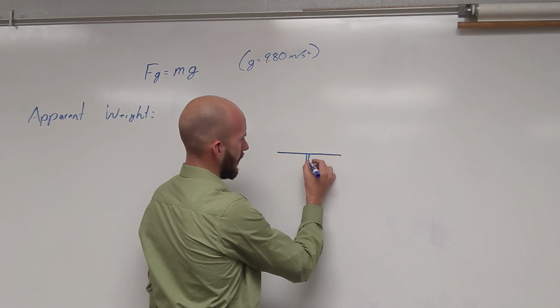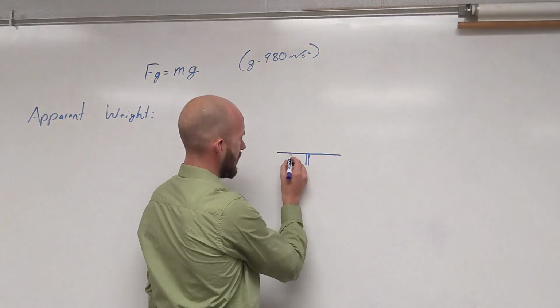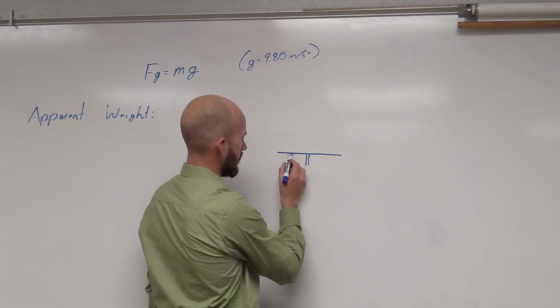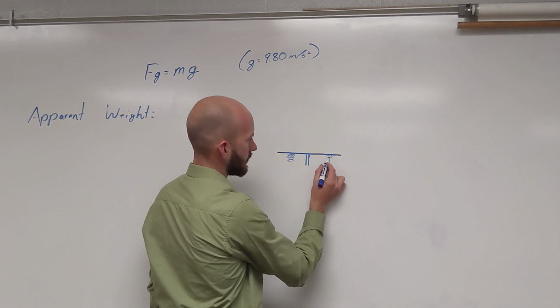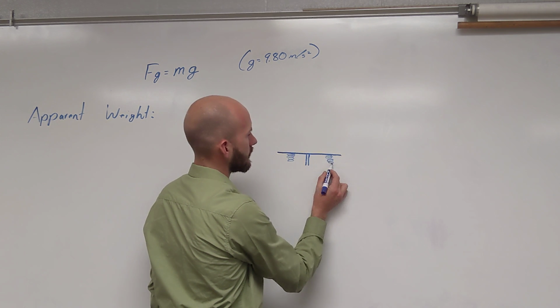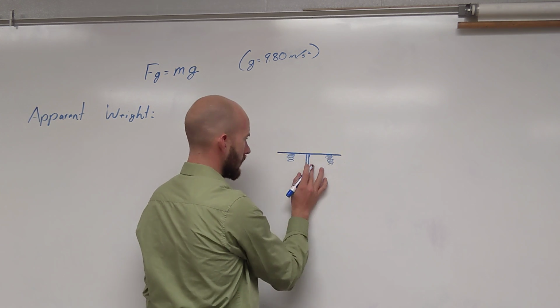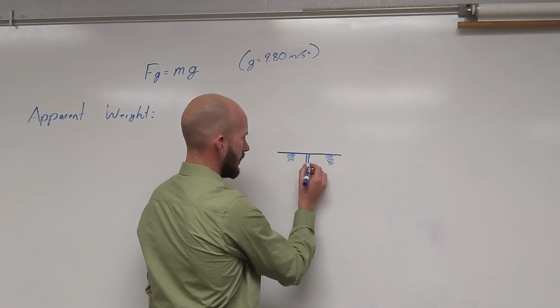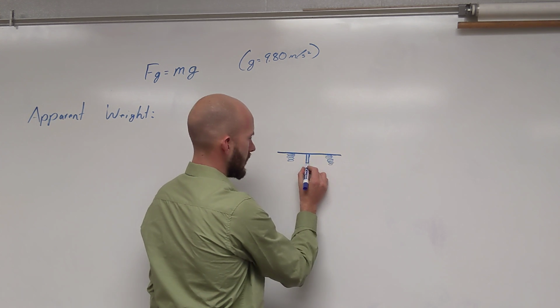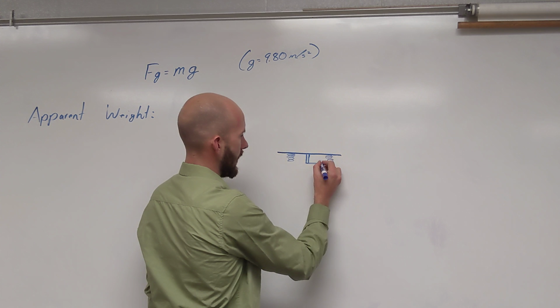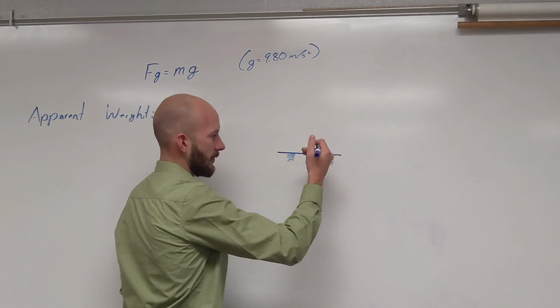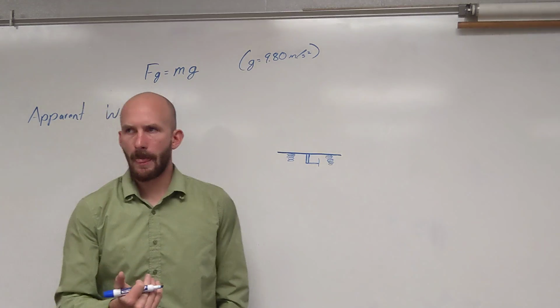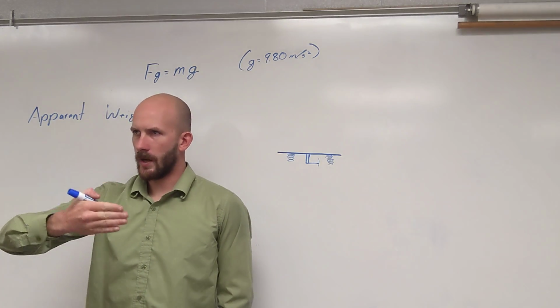There's going to be a spring, maybe even two springs, underneath the scale. They're calibrated so that there's a piece attached to that, and the further that moves, that's going to read on a dial.